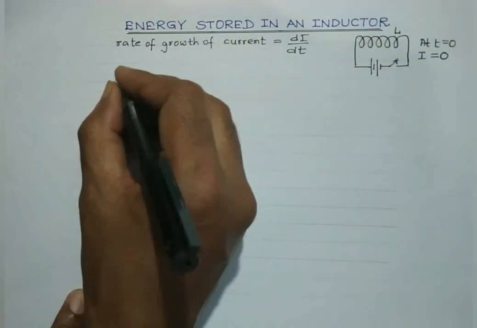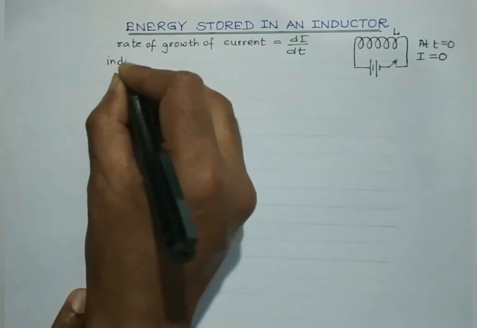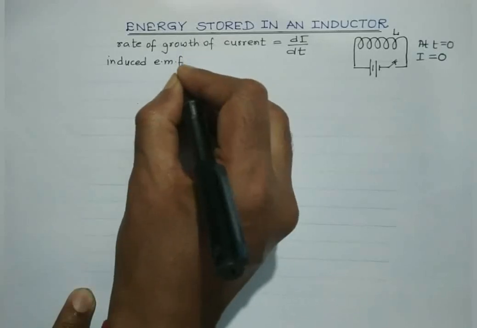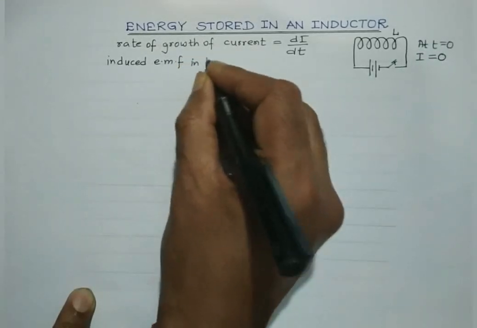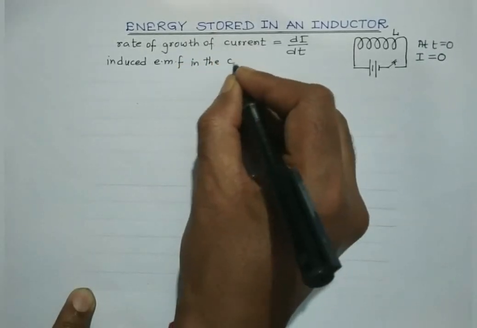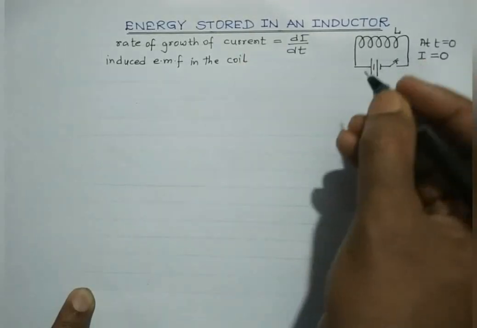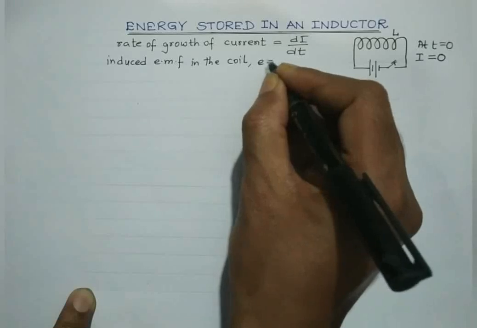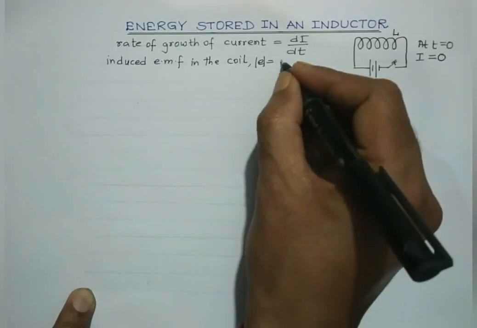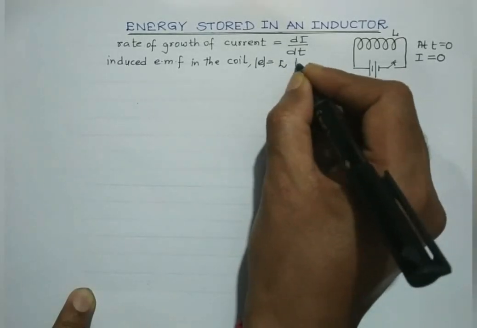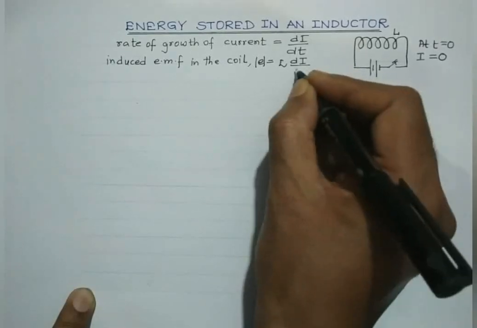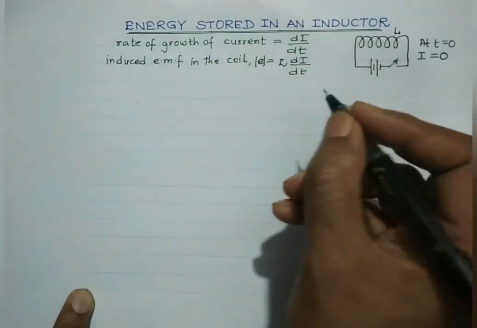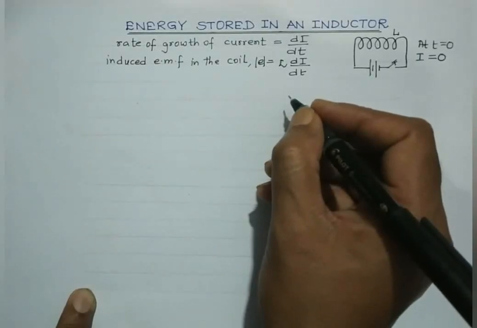So we are aware the induced EMF generated in the coil, or coil is also termed as an inductor, is given in magnitude by L di by dt. L, as we have discussed, is the self-inductance of the coil, right?